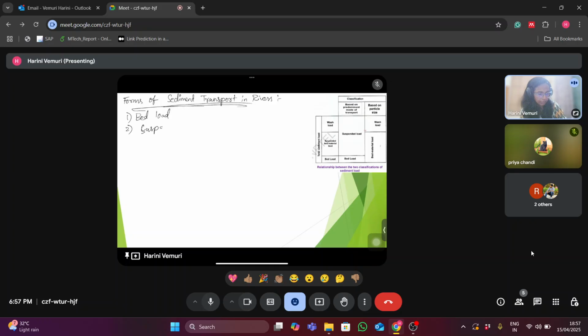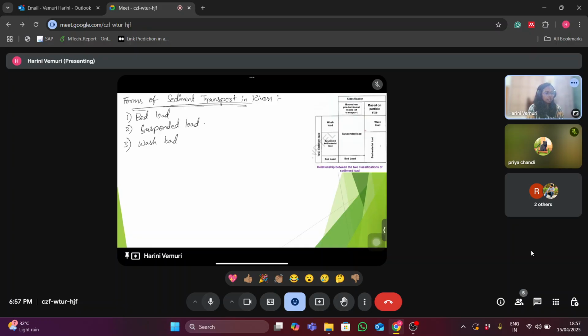Then suspended load, where the sediments are floating in the water. And there is another one, wash load, which is suspended fine material but not from the bed material.